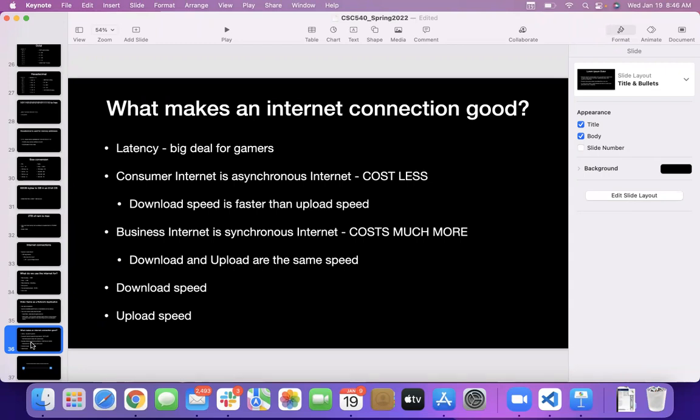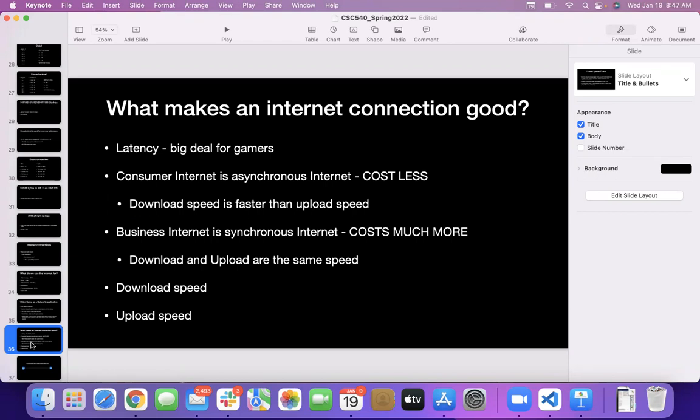You know, is there really a difference between business internet and consumer internet? Really, probably the answer is no. Outside of a company like Spectrum or AT&T might expect a business to be more capable of paying a higher price, right?